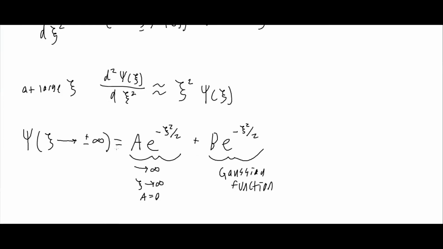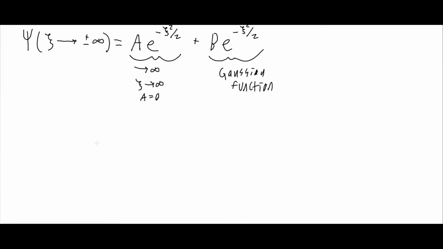And so what we can say then is that the solution to the Schrodinger equation will have a form that, as a function of xi, is of the form some function here times our e to the minus xi squared over 2. So now we have this function here times this Gaussian function here.